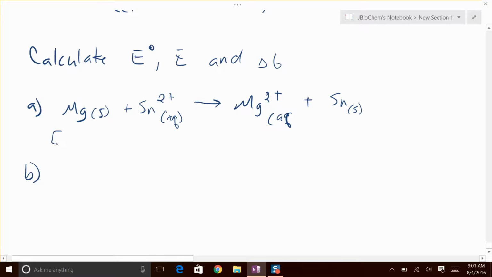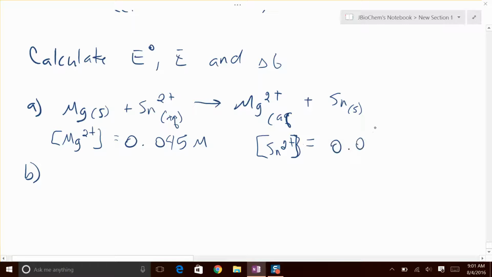You need the concentration of magnesium 2 plus is equal to 0.045 molar, and the concentration of Sn2 plus is equal to 0.035 molar. But because you're just looking for the electron, those are those numbers from the chart.